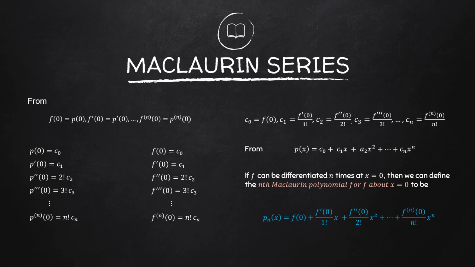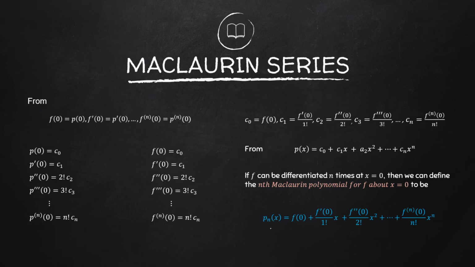We substituted the value of your constant value dun sa ating approximating polynomial. So, substituting, we have this expression, and we call this the nth Maclaurin polynomial for f about x is equal to 0.